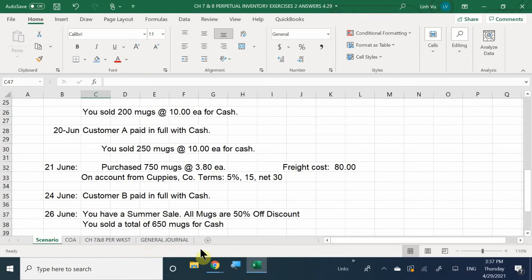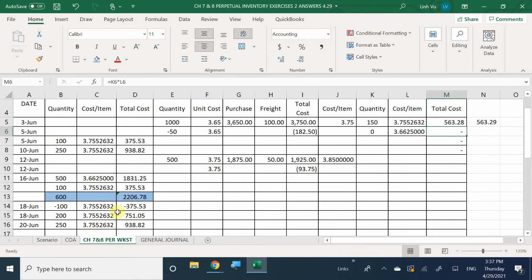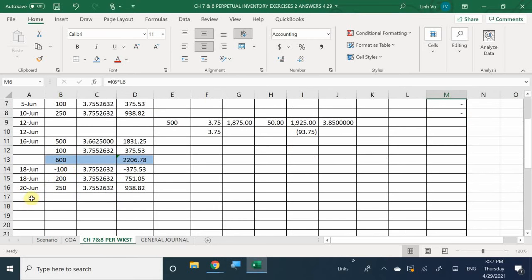So where do you want to go first, the journal or the worksheet? Okay. So it is now June 21. We purchased 750 items at $3.80 with a freight costing you $80.